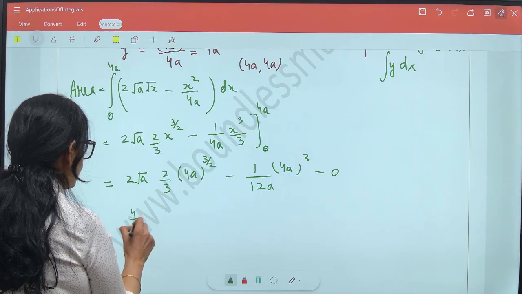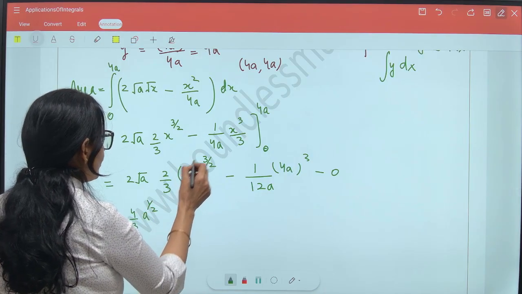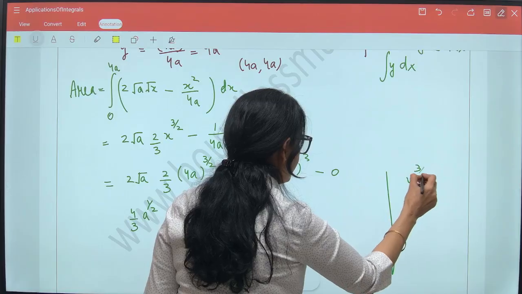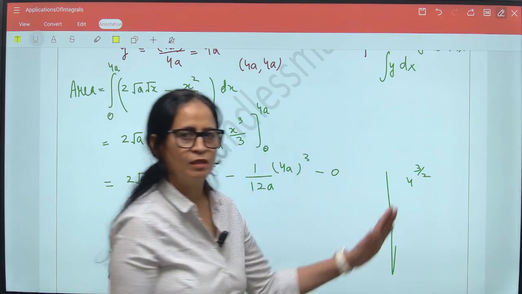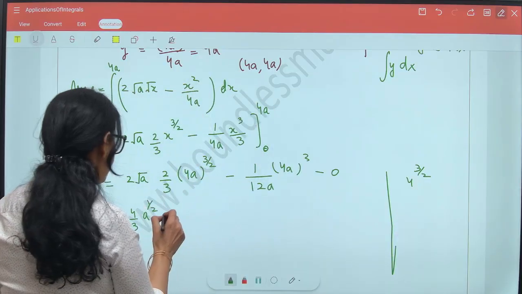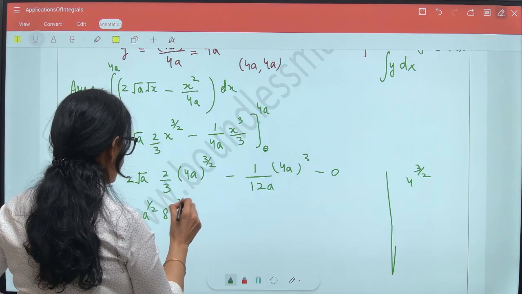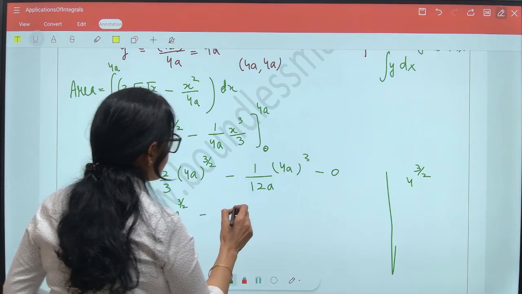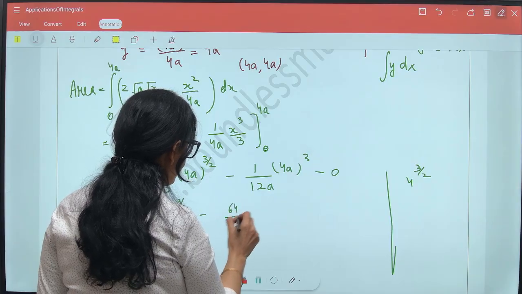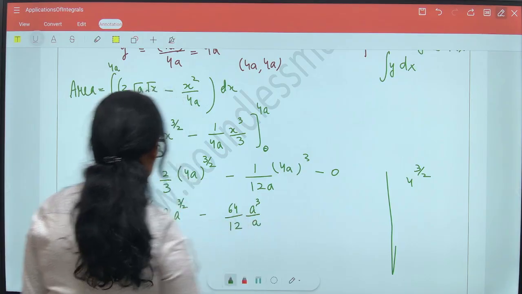4 by 3 and this is a to the power half. Now this is 4 cube. So again it is 4 to the power 3 by 2. Cube of 4 is 64 and square root of 64 is 8. So this becomes 8 here and then a to the power 3 by 2, minus 4 cube is 64, 64 upon 12 and it is a cube upon a.